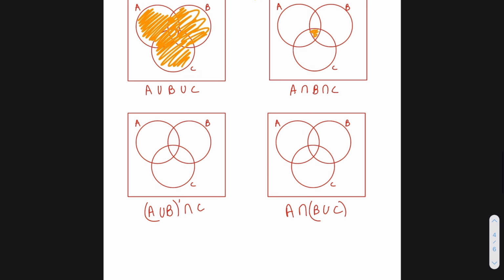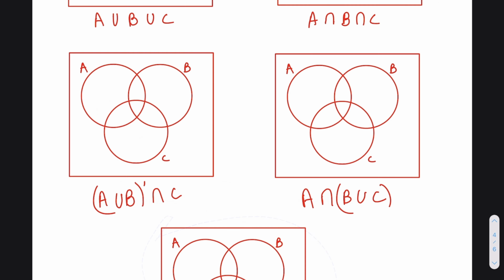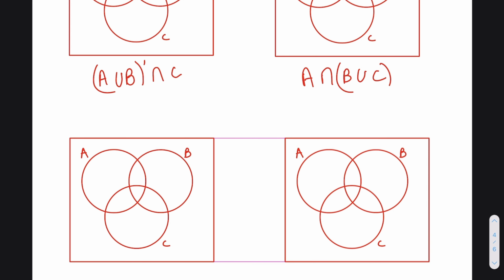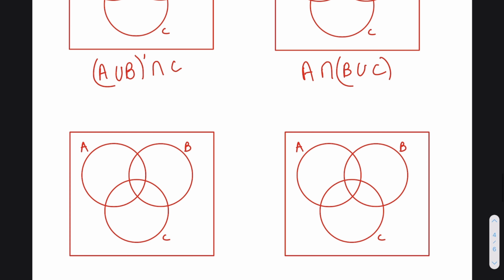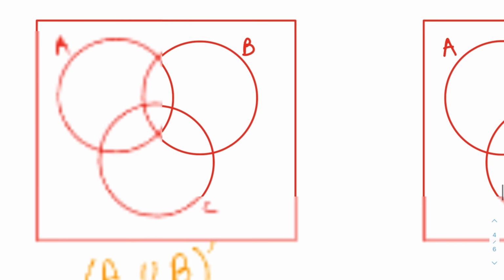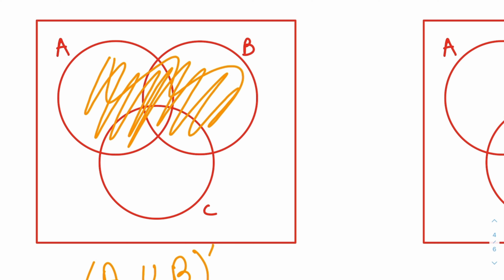Okay, and one more. So A union B, to draw that, A union B dash. A union B is these two circles, right?